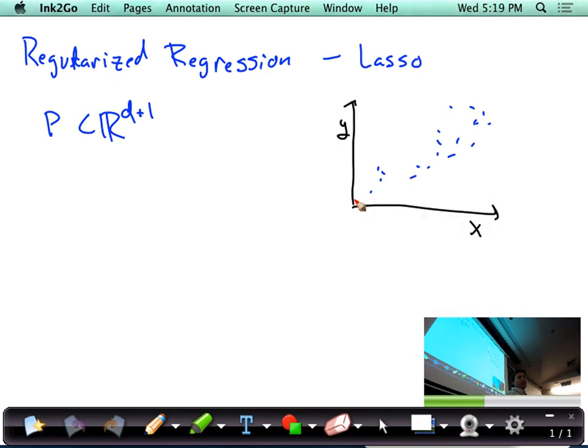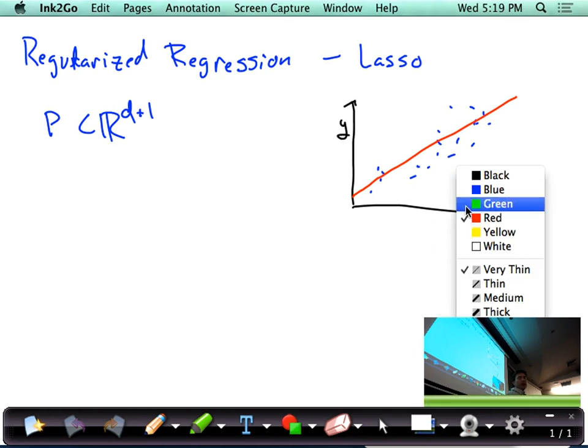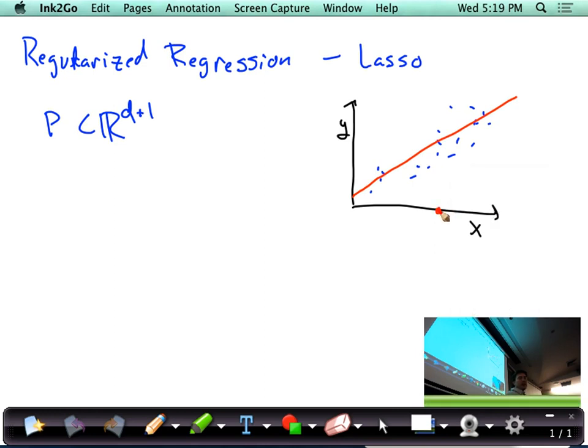You want to try and model or predict the y coordinate based on the knowledge of the x coordinate. Typically we say we want to fit some line through the data. So if I'm given a value in the x coordinate, this is my guess of the value in the y coordinate. But in general, this is actually in some d-dimensional space.